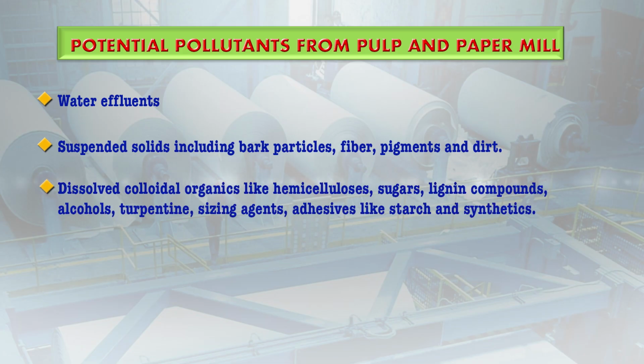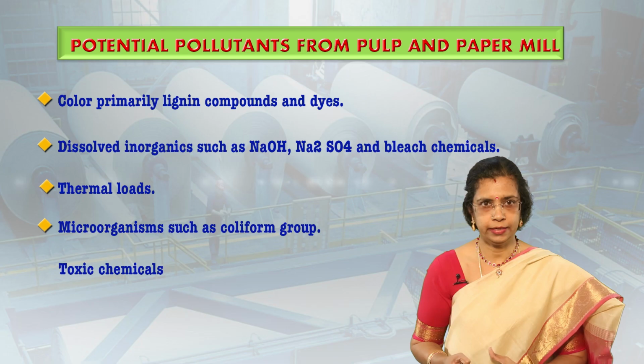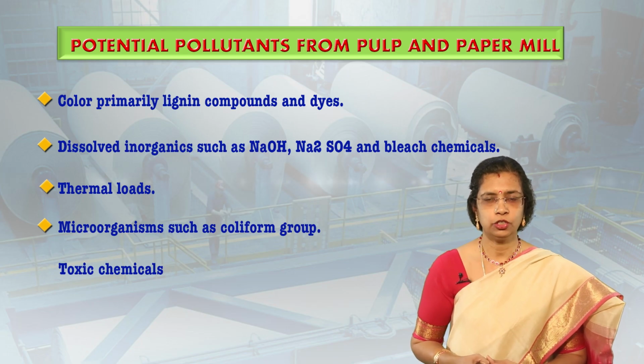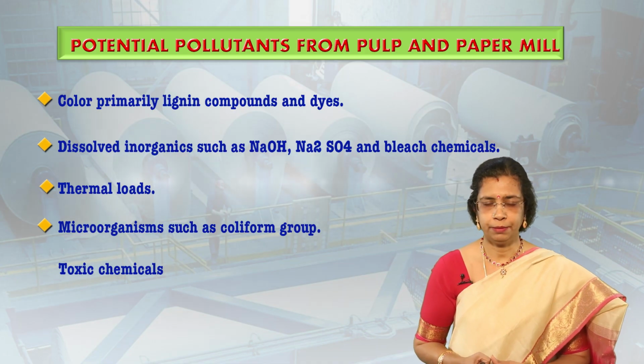Then we have dissolved colloidal organics like hemicelluloses, sugars, the lignin compounds which are all coming from these plant barks. Then we have alcohol, the turpentine, sizing agents, adhesives like starch and the synthetics. Some more of the pollutants which enter the water bodies include the color, and that primarily includes the lignin compounds and the dyes. The dissolved inorganics such as sodium hydroxide, then also you have certain other bleach chemicals.